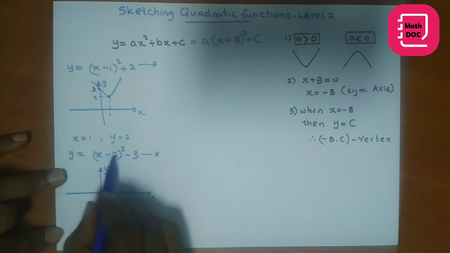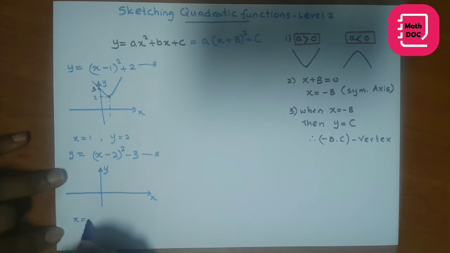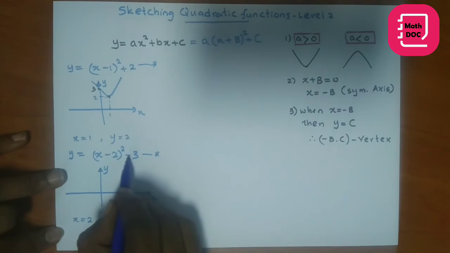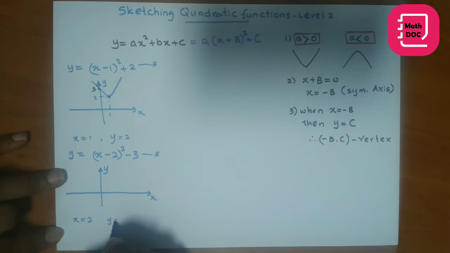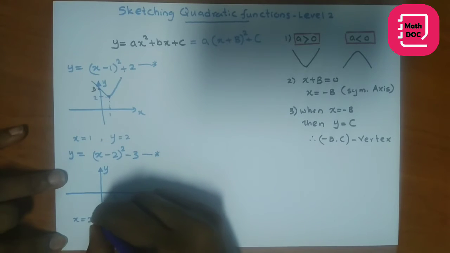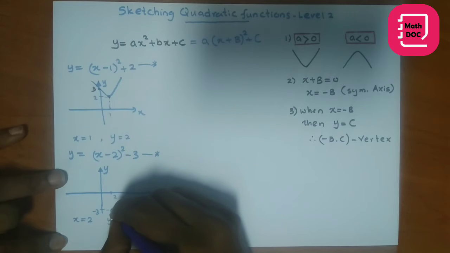The perfect square term equals 0 now. When x equals 2, this part will disappear. Then the remaining y value is minus 3. Then the point (2, minus 3) is the vertex. Mark it. Here 2 and here minus 3.